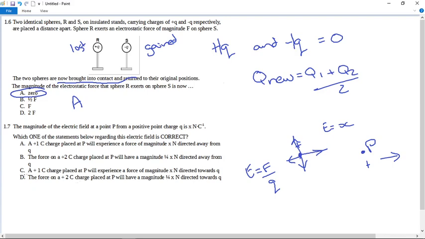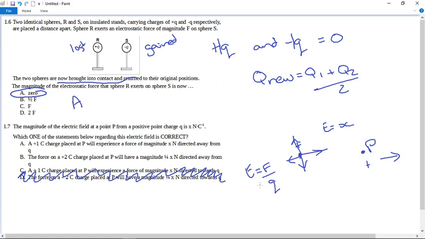So we're going to remove these answers because the field shows which way a positive charge would move, and a positive charge is going to move away from another positive charge, okay? Then it says to you the field is the force per coulomb.